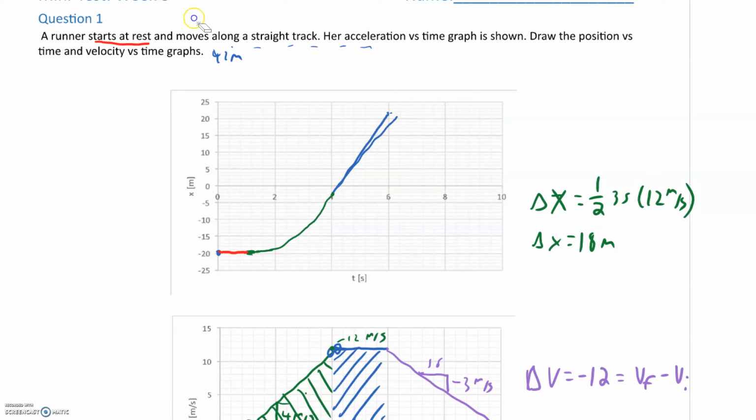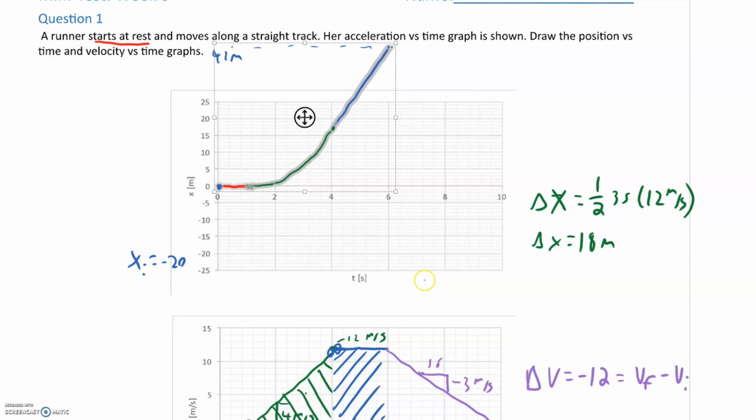That would be a fine graph for me to draw, but I'm going to stick with my initial assumption. That would say the initial position was -20 meters, and then I went from -20 to -2 with my delta x of 18, then my second delta x of 24 took me from -2 up to 22 meters. That would be fine, but I'm going to keep it how I started, so that if you're taking notes on this video, you don't have to erase your work and start over.